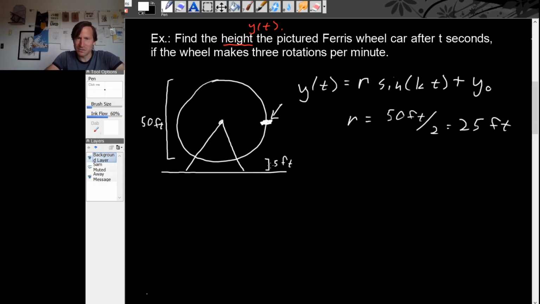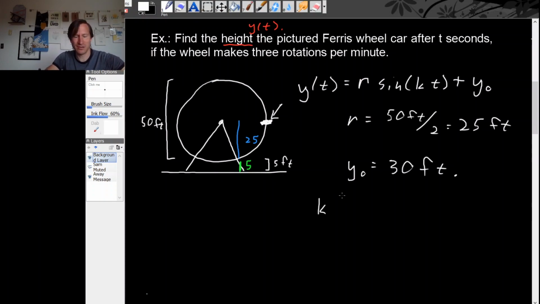The bottom of the Ferris wheel is 5 feet off of the ground, and so the center of the Ferris wheel is, I guess this is 1 radius, so that's 25, plus the 5 feet here, so the center of the circle is 25 plus 5, that's 30 feet off the ground. And now we need to figure out the angular speed of this.